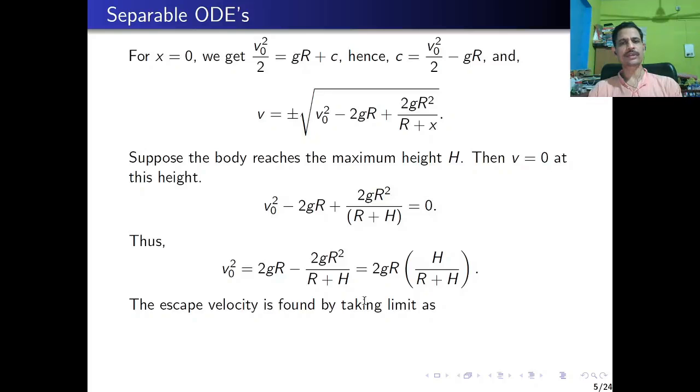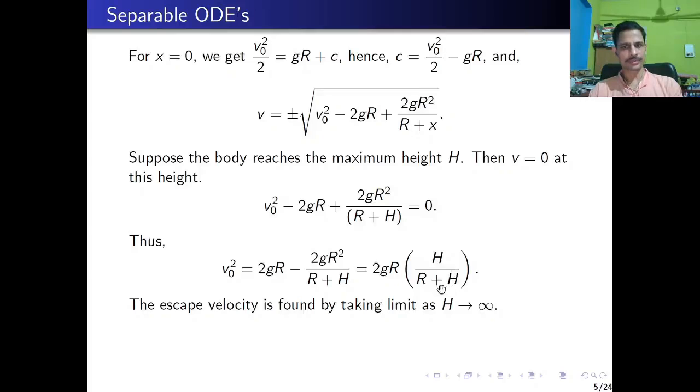So how do you calculate the escape velocity? To calculate the escape velocity, we have to let h tend to infinity, that the maximum height it can reach is infinity. So we can take a limit of this as h tends to infinity.